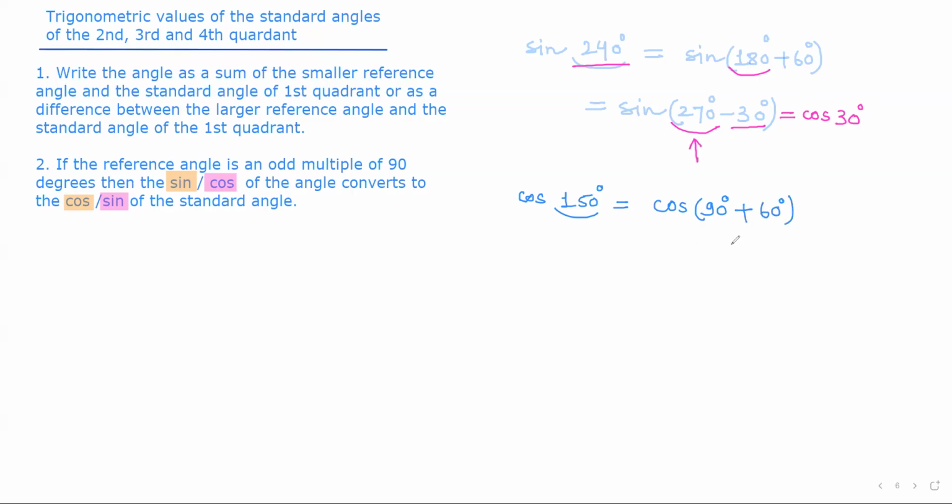Yes or no, all of you? Yes, sir. So this is an odd multiple of 90. So cos of this complete angle converts to sine of the standard angle, sine 60 degrees. Is it clear? Yes, sir. Very good.